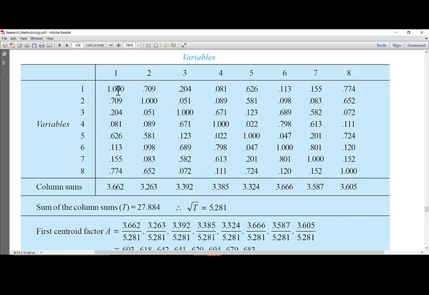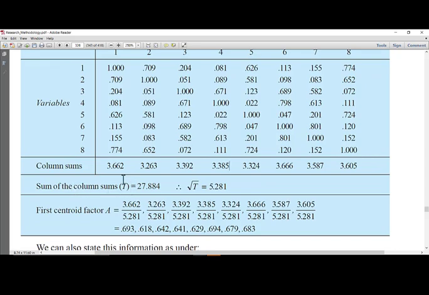That means 1.000 plus 0.709 plus 0.204 plus etc. is equal to 3.662. Then the second column sum, the third column sum 3.392, the fourth column sum 3.385. Like that we have made the column summations. There are 8 variables, so 8 summations are there. Now the sum of the column sums: we have summed up all these column sums, and that is 27.884.